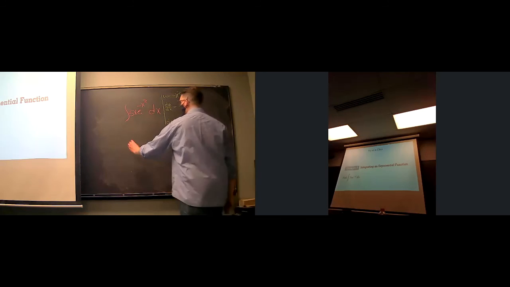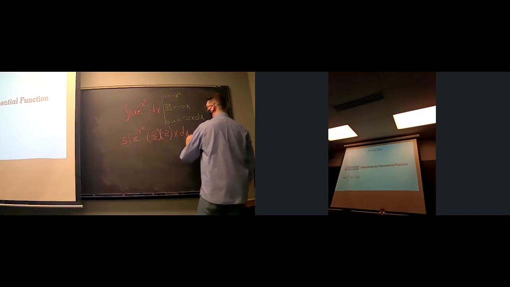The easiest way, I think, to handle this would be to inject a 1 in here, and rewrite this as 5, let's pull that 5 outside, e to the negative x squared, negative 1/2 times negative 2x dx.